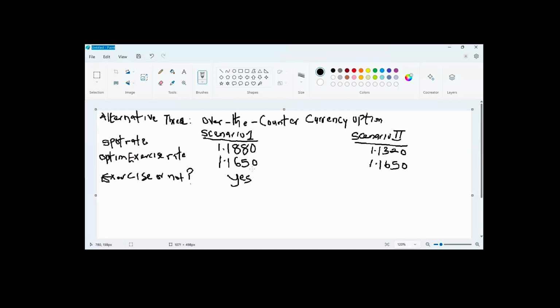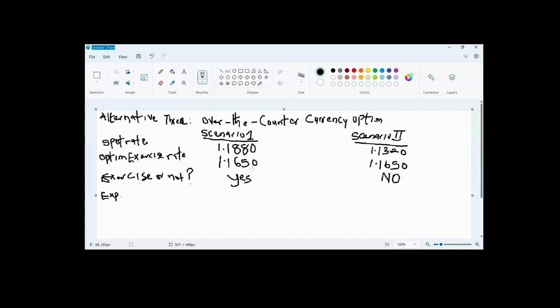I will opt out. I will not exercise my rights. I will say no. I'm going to use the spot rate. The spot rate will give me higher Naira receipts. I can now calculate the Naira receipts.